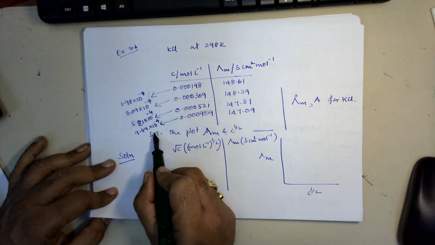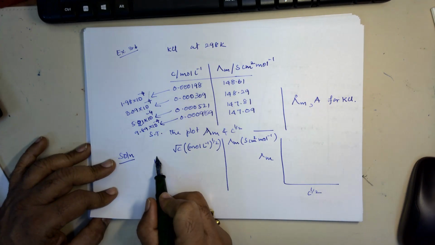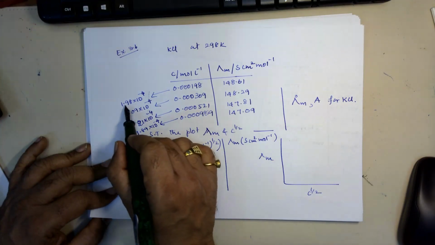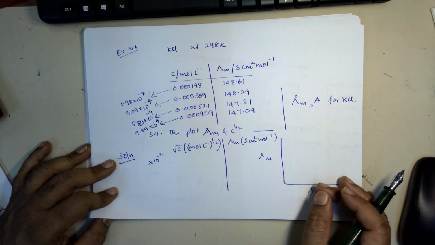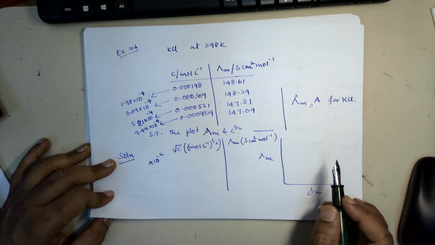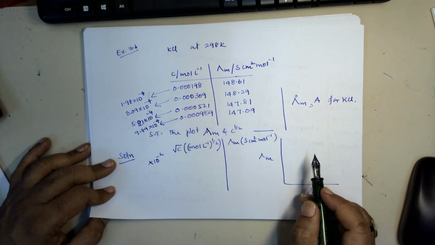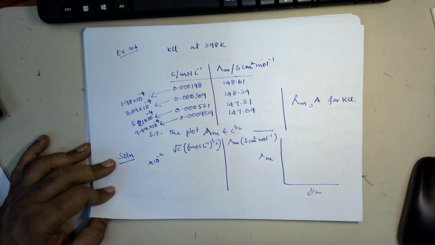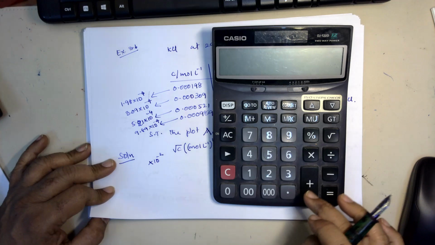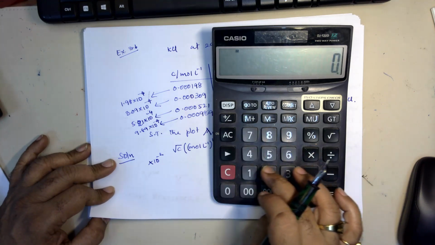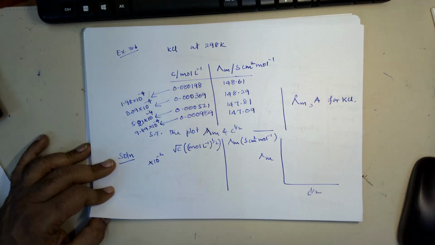So you know very well, for 10 power minus 4, the square root is 10 power minus 2. So the remaining is 1.98. So find out the square root of 1.98. Take the calculator and do it. Take the square root of 1.98. It is 1.407, right?